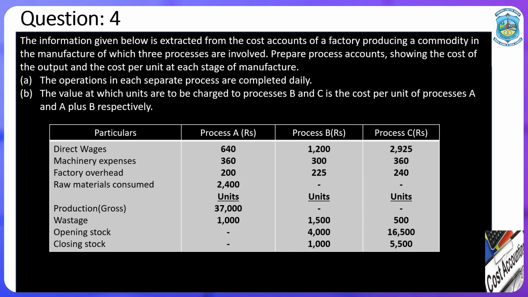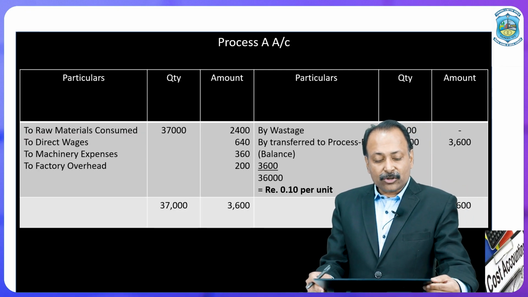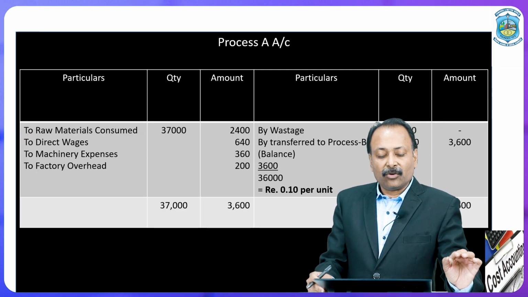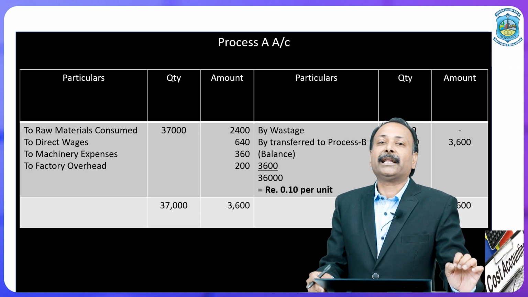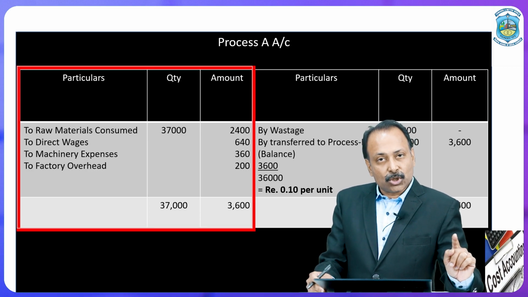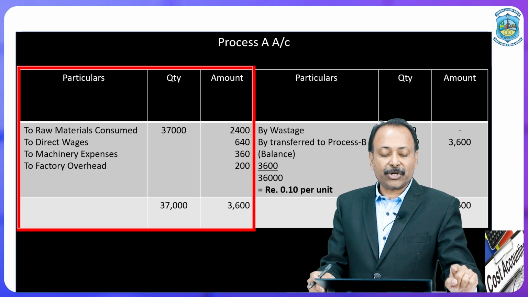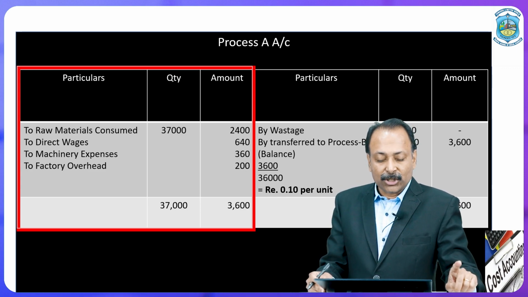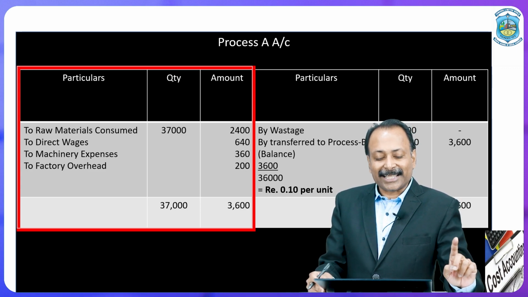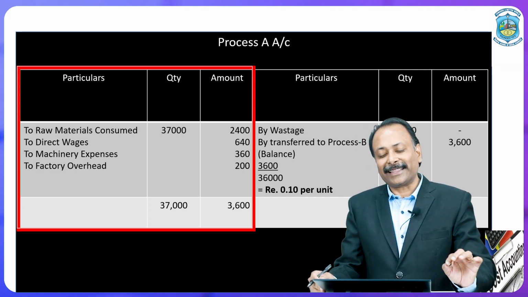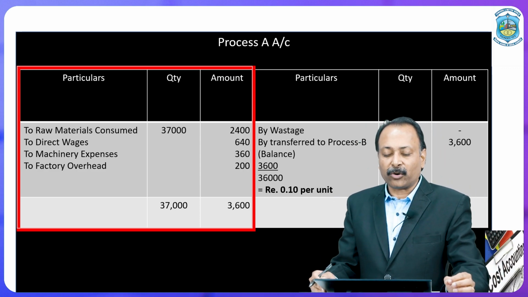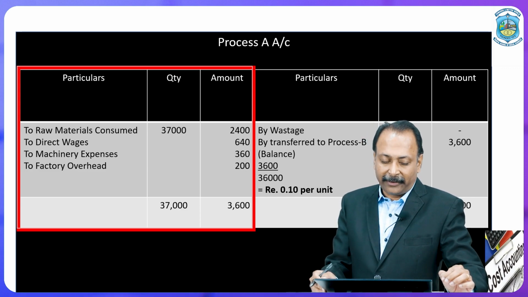First of all, we are going to prepare the process A account. Under process A, we start with to raw material consumed. As per the information given in the question, the quantity is 37,000 units, and the amount mentioned in the question is 2400.